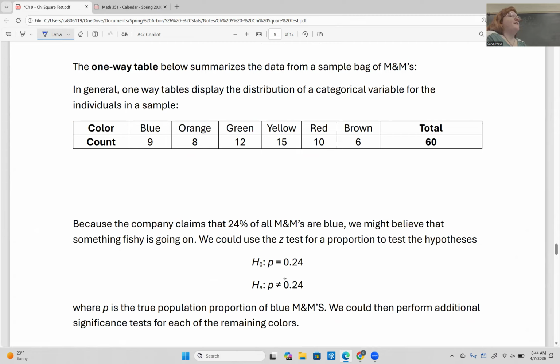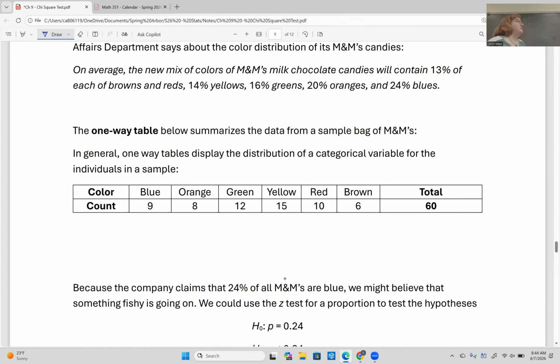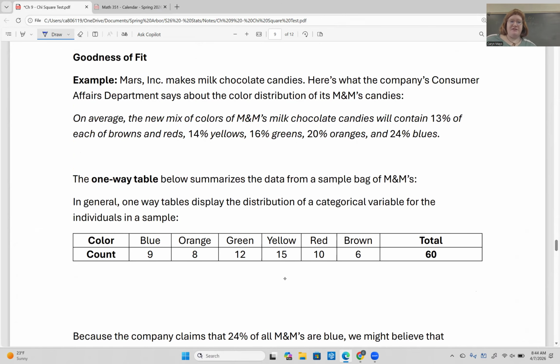We don't have multiple columns to add up together, right? So there's not really a row times column total we could do here in a beneficial way. But what we do have for our expected counts is what Mars says.